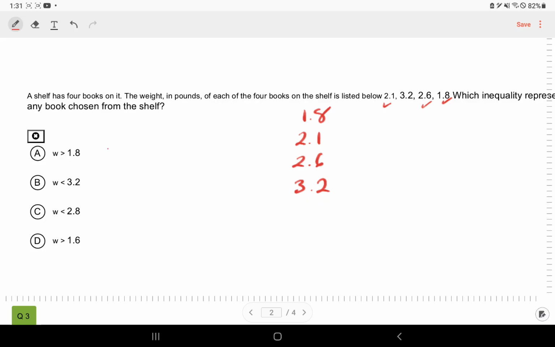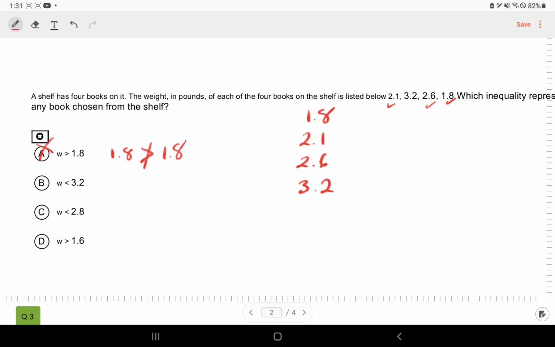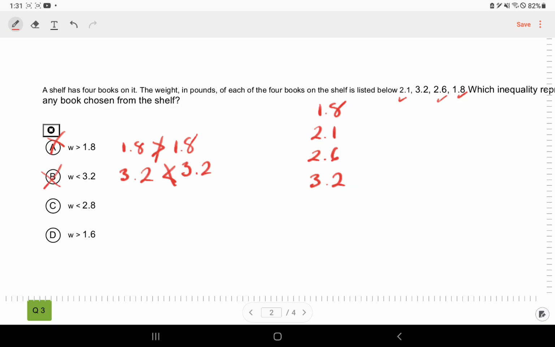Well, 1.8 is not greater than 1.8, so it can't be A. For B, 3.2 is not less than 3.2, because 3.2 is equal to 3.2, so it can't be B. For C, 3.2 is not less than 2.8, so it can't be C.